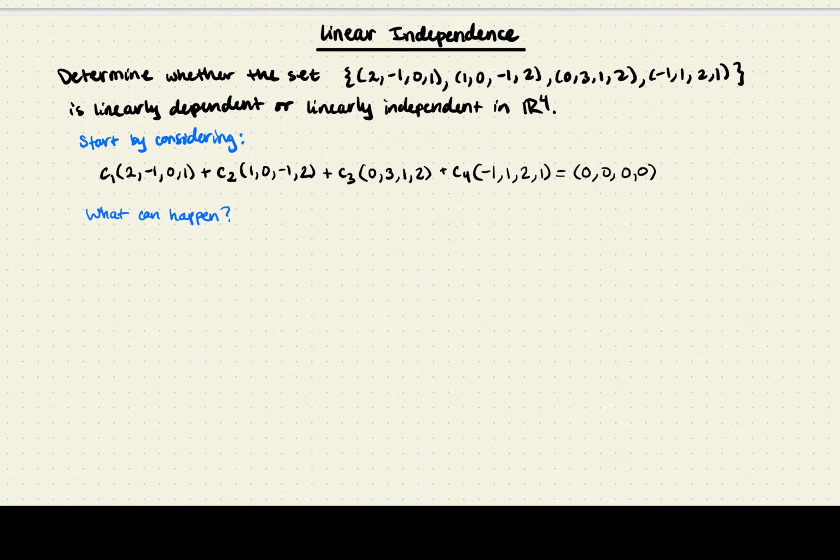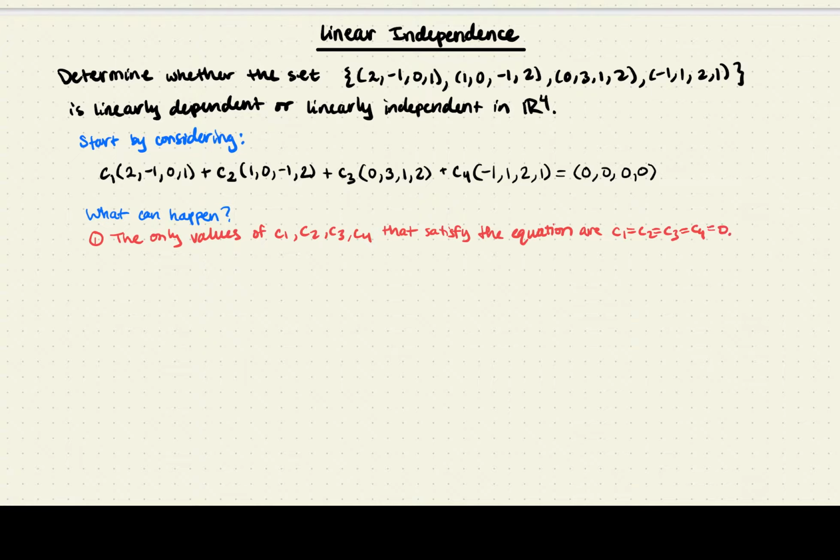So option 1: the only values of C1, C2, C3, and C4 that satisfy the equation are when they all equal 0. So C1 equals C2 equals C3 equals C4 equals 0.